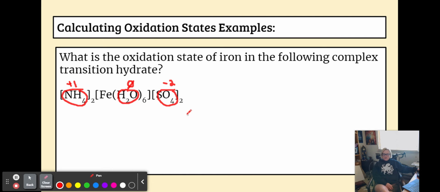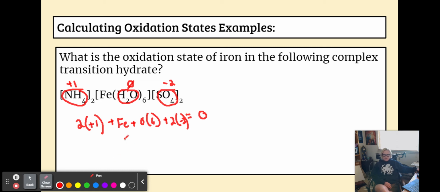So I know that all of these things have to add together to 0. So I have a 2 times a +1 plus whatever my Fe is going to be, plus 0 times 6, because water has a 0 charge and I've got 6 of them, plus 2 times a -2.